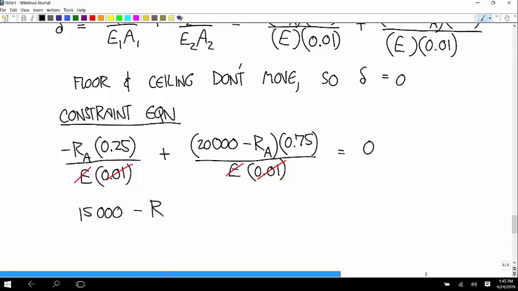So that just comes out to be RA is equal to 15,000.